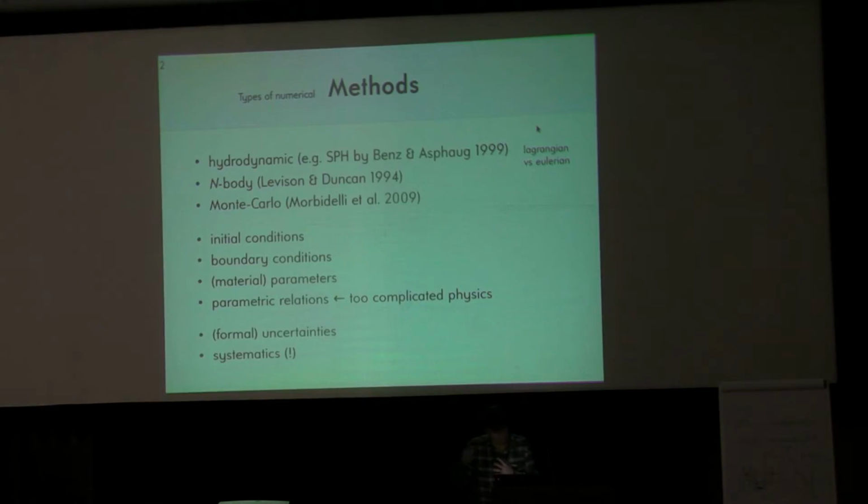So that's what I'm going to discuss: uncertainties. The uncertainties reported in papers are quite often rather poor, because some of the uncertainties in initial conditions or parametric relations are not accounted for, and we have to be aware of systematics of this kind.